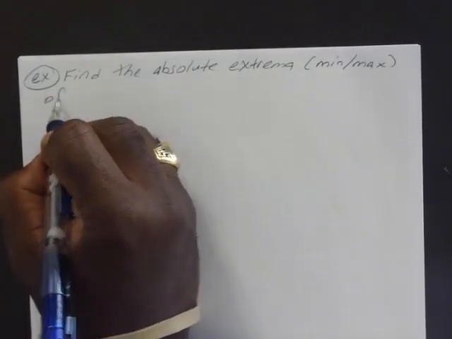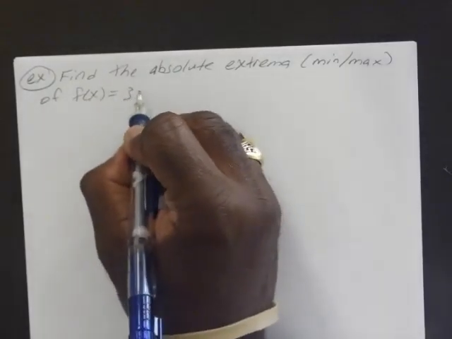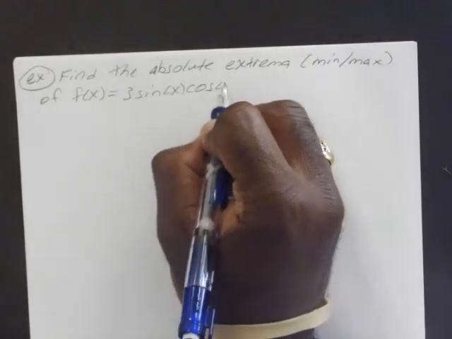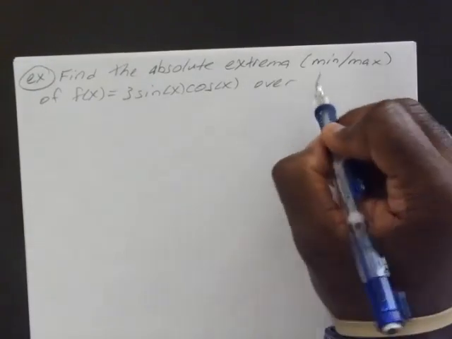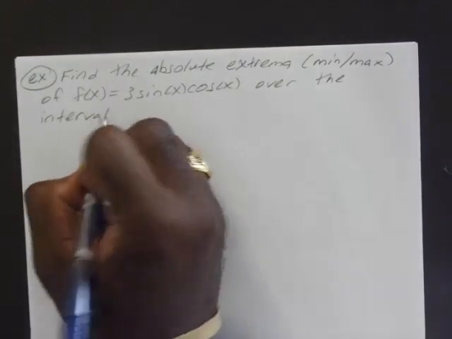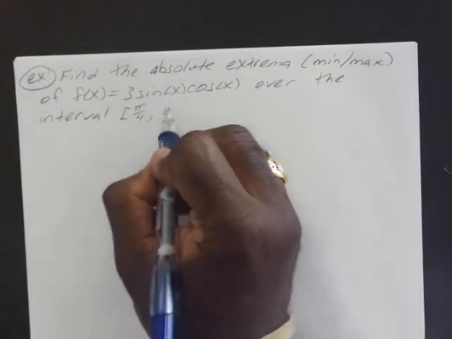Of f of x is equal to 3 times sine of x times cosine of x over the interval from pi over 4 to pi.